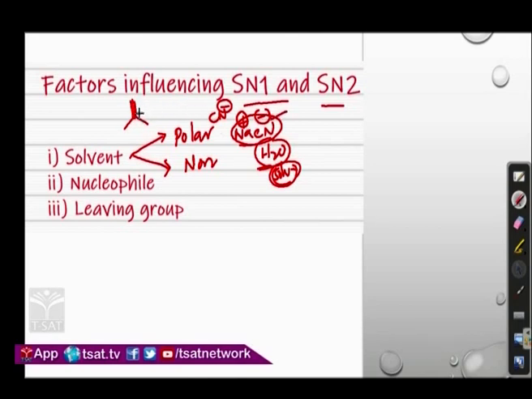Whereas for the starting material, if I consider the C-Br bond or alkyl halide bond, a polar solvent will also influence the C-Br bond, and it will break in an unequal way, that is, in a heterolytic fashion. So this bond breaking happens in a heterolytic fashion. Br minus is generated, and in the starting material the tertiary butyl carbocation is generated.